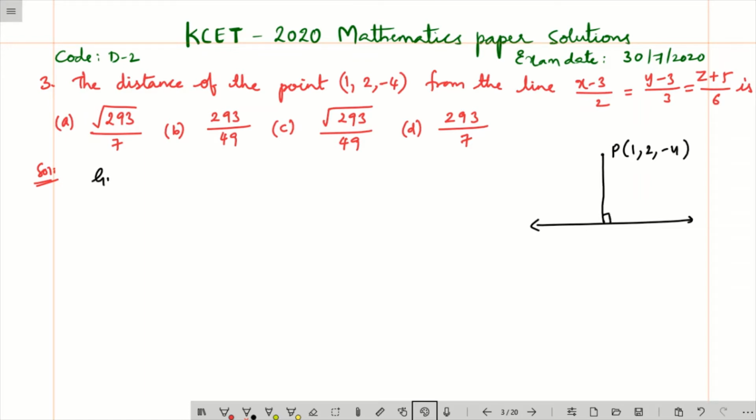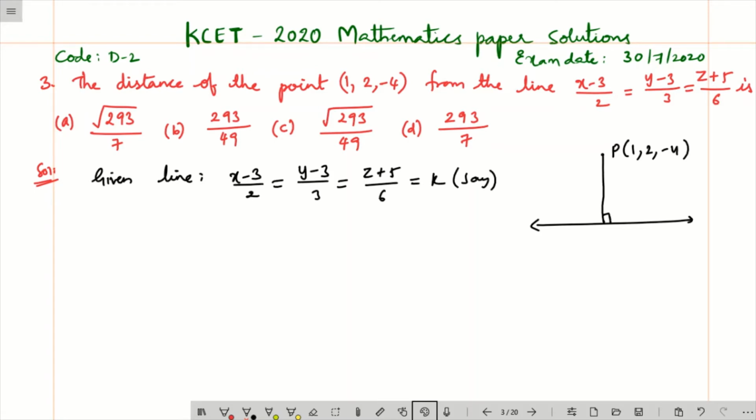So given the line (x-3)/2 = (y-3)/3 = (z+5)/6, let's consider it equal to some k.